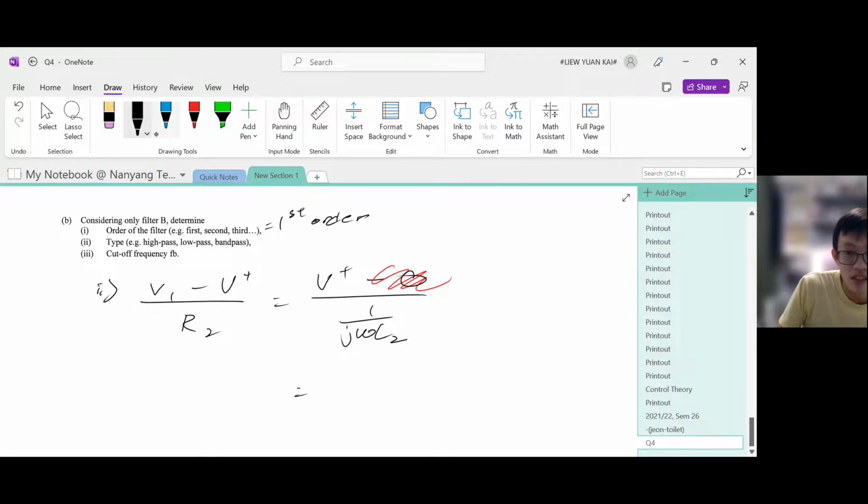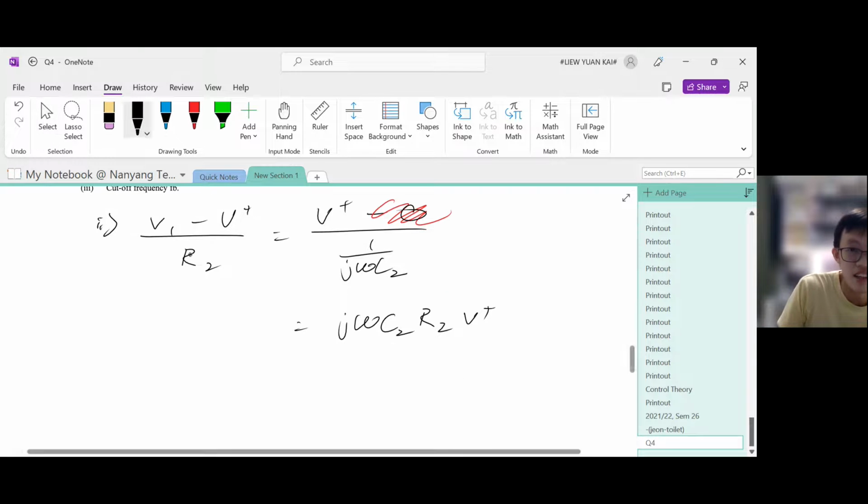Simplify this, and it becomes j omega C2 V plus. Then I'll multiply this to this side, so there should be an R2 here. I'm doing this quickly because it's exactly the same thing as A. Then I move this to the other side and factorize it, so you get 1 plus this equals V1.